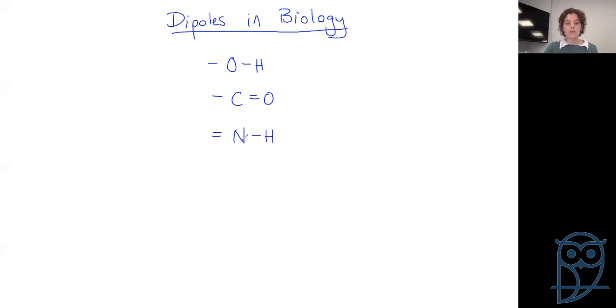Each of these is a covalent bond. So little note, a solid line indicates a covalent bond. So we're sharing electrons. If we have two lines, it's a double bond. If it's one line, it's a single bond. So we've got bonds going on here.